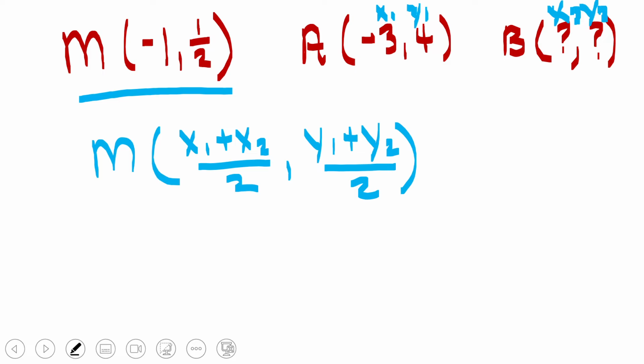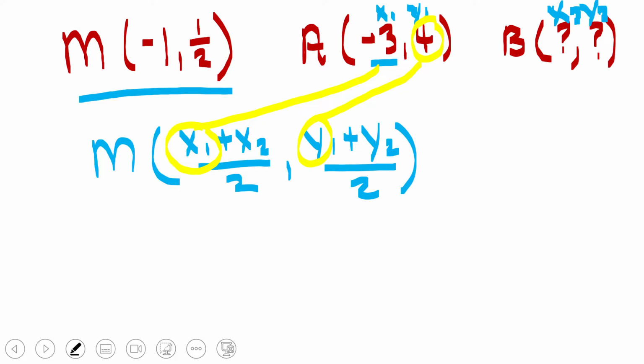We have -3 for x subscript 1. So those will go together. We have 4 for y subscript 1. Those will go together.